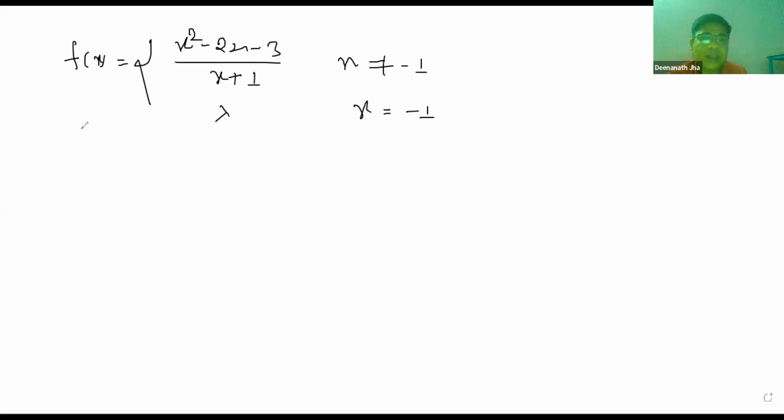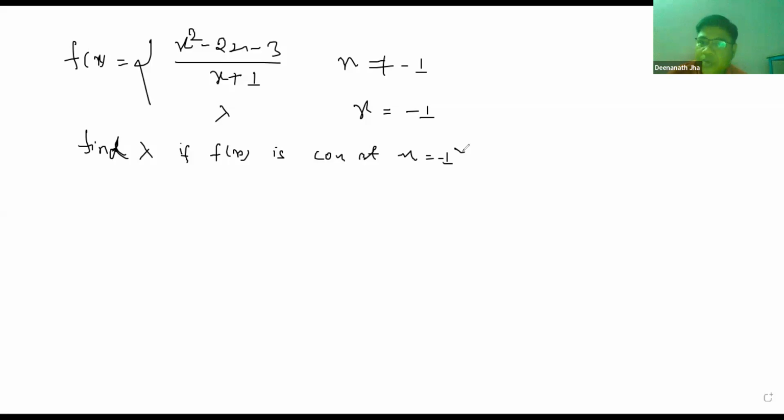Find lambda if f(x) is continuous at x is equal to minus 1. I am telling you that you do not have to use the formula of h.